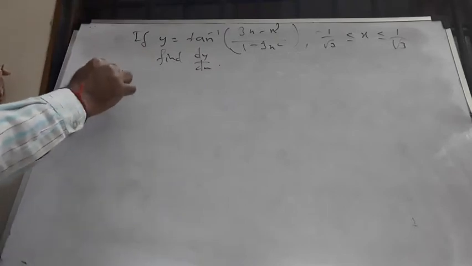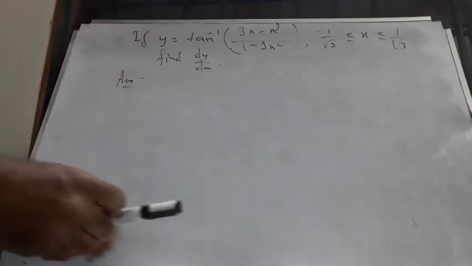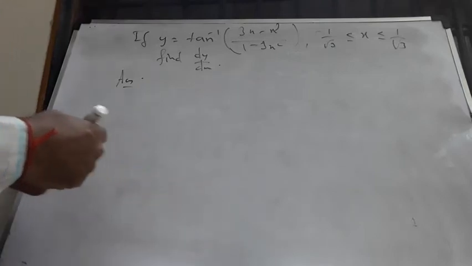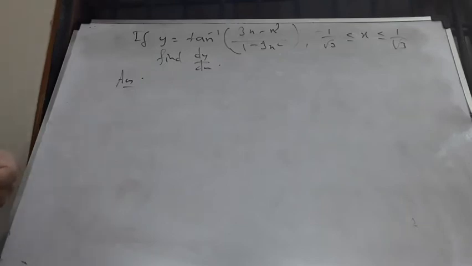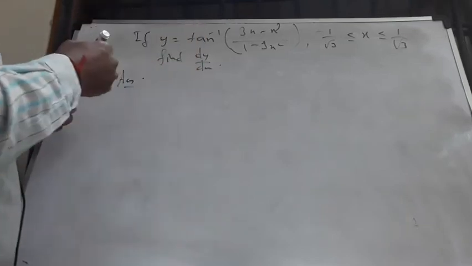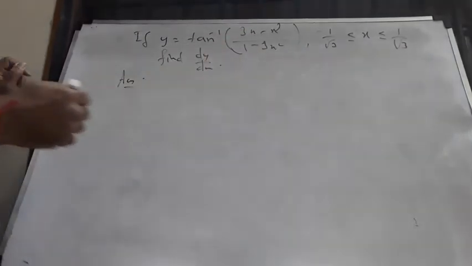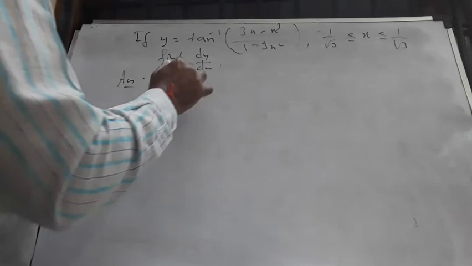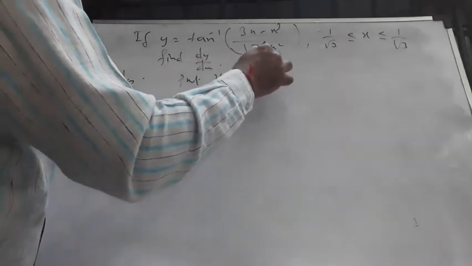Actually, you might have seen such cases earlier, in inverse trigonometric functions, how to get the simplest form. Everybody knows how to get the simplest form. You know very well 3 tan theta minus tan cube theta by 1 minus 3 tan square theta is nothing but tan 3 theta. Therefore, I just put x is equal to tan theta.